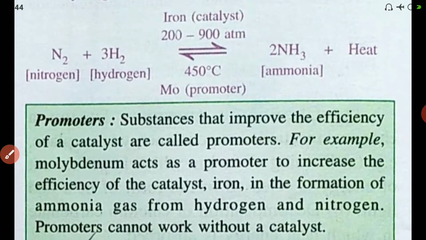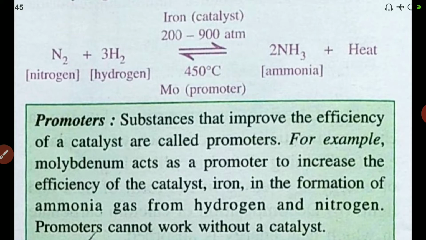Promoters are substances that improve the efficiency of a catalyst. For example, molybdenum acts as a promoter to increase the efficiency of the catalyst iron in the formation of ammonia gas from hydrogen and nitrogen. So promoters cannot work without a catalyst.